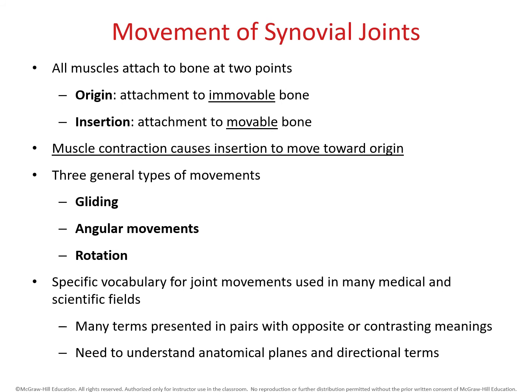We are starting part 2 of joints. Two main foci of this lecture. First would be all of the different kinds of movements that are possible at joints. Secondly, we will hone in on one, maybe two of our synovial joints, specifically the knee joint we will go over in this lecture.